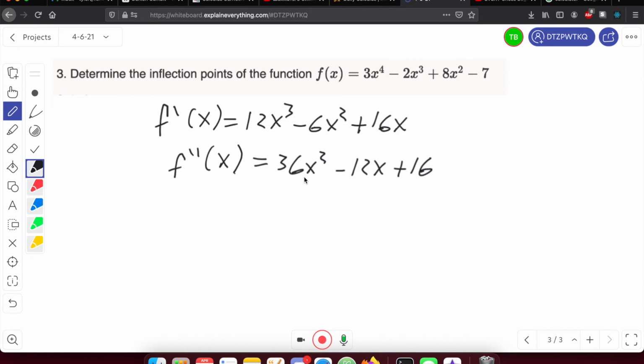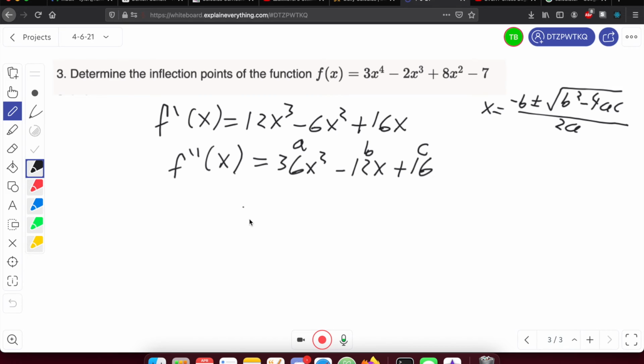Now in order to solve for x here, we're going to use the quadratic formula, which states that the solutions to a function are negative b plus or minus the square root of b squared minus 4ac all over 2a. These values refer to the coefficients on each term. This would be a, this is b, and this is c.